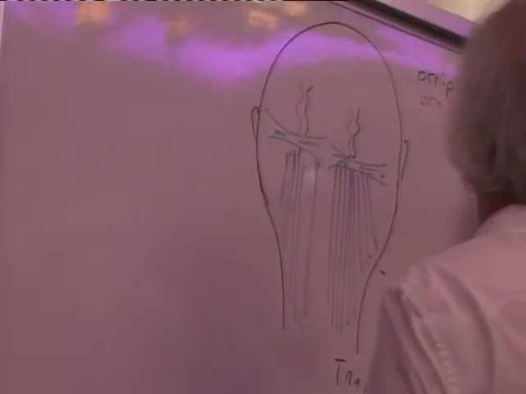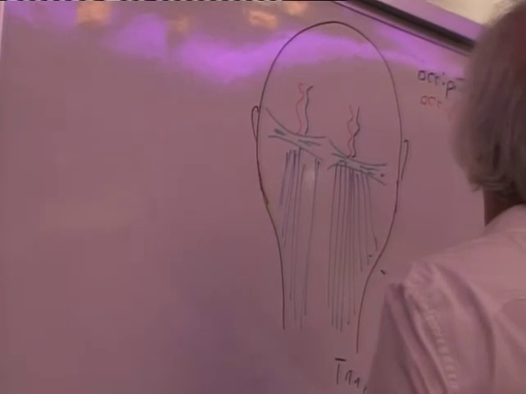So when somebody comes to see you with a cervical problem or a skull problem, one of the first things is evaluation of the occipital artery, because this artery has an anastomosis with the vertebral artery.